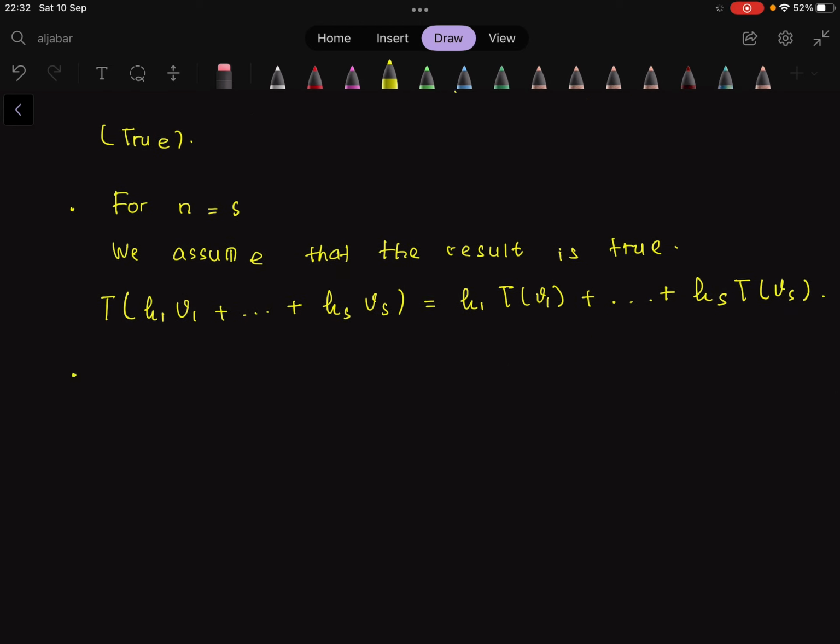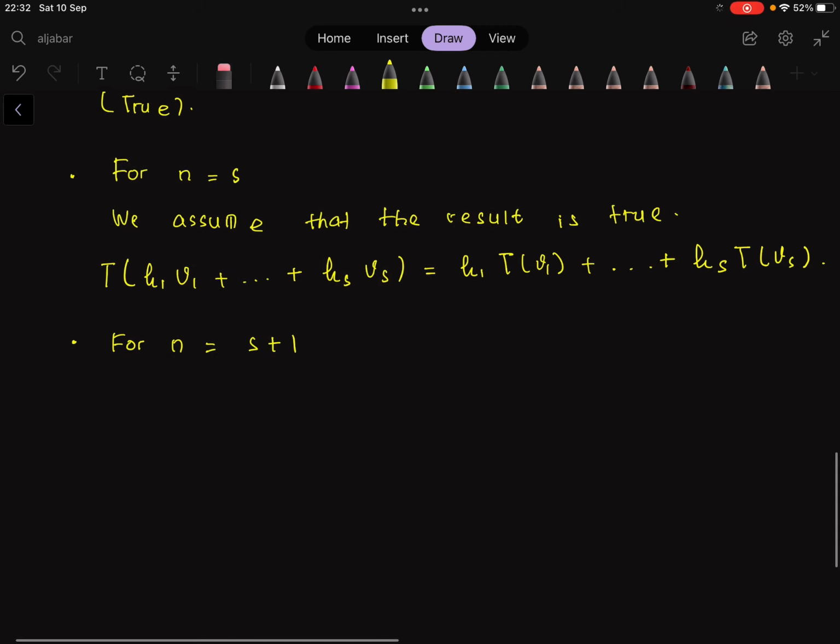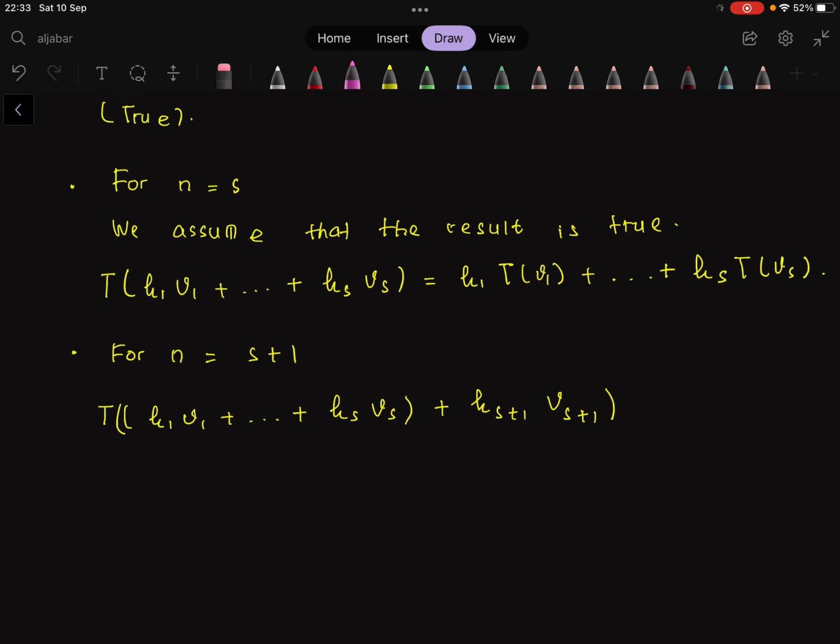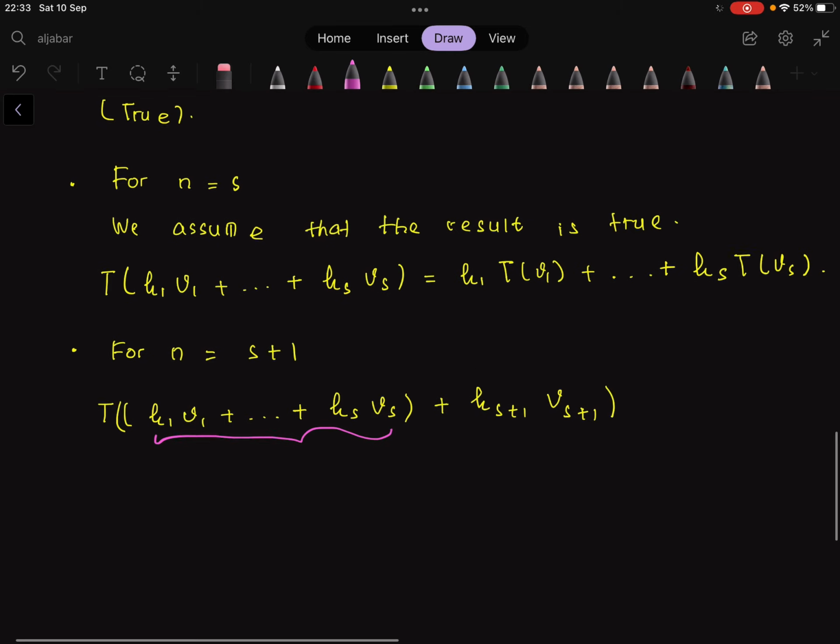Then we need to solve for n equal to s plus 1. So here we have T(k1 v1 + ... + ks vs + k(s+1) v(s+1)). We already assume that the first part is true.